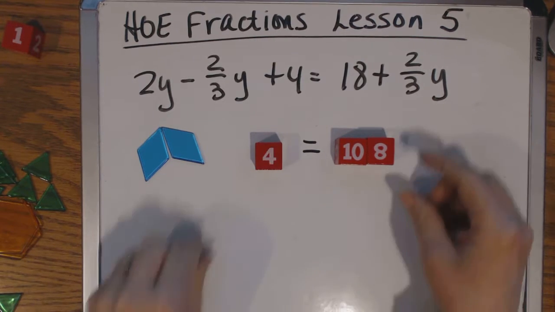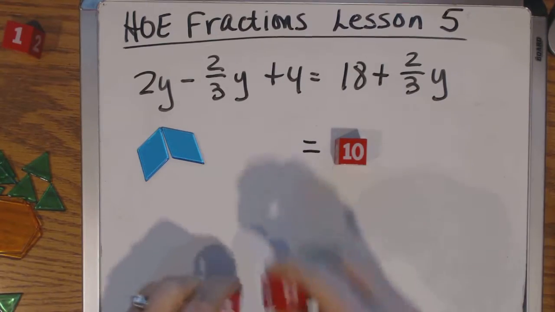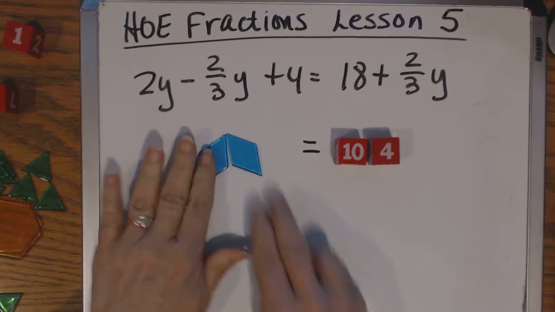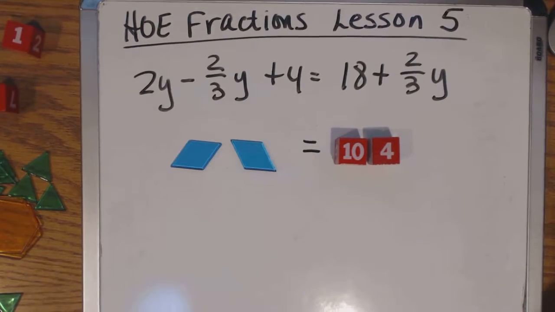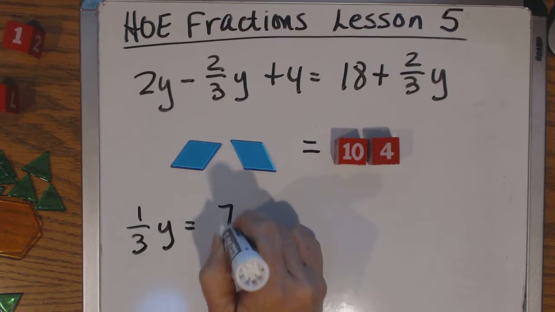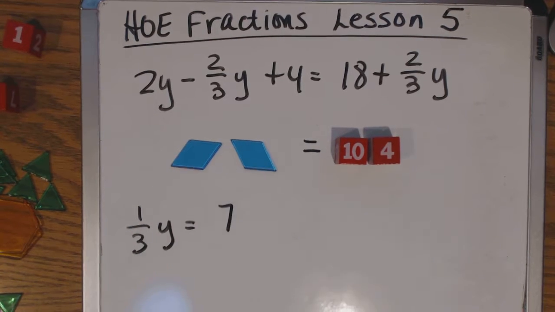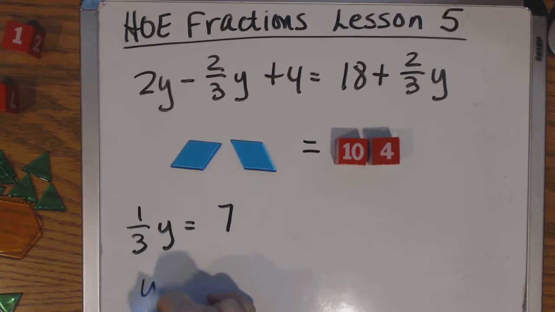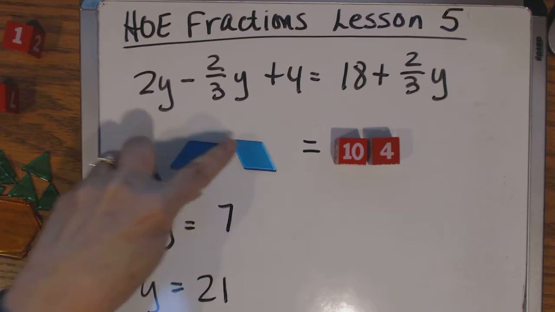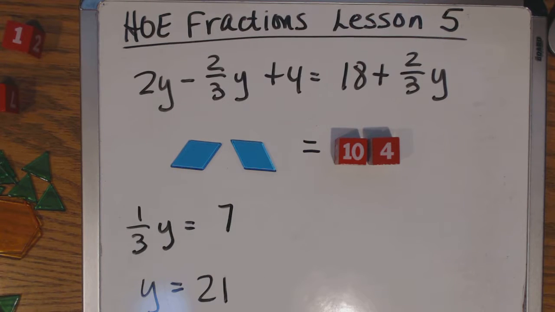Then I need to take the 4 away from the 8, which will leave me with a 4 on that side. 2/3 equals 14. Well, that means each 1/3 piece has to equal 7. 7 plus 7 is 14, and therefore the whole y piece has to equal 7 times 3, or 21. 3 of these make a whole.